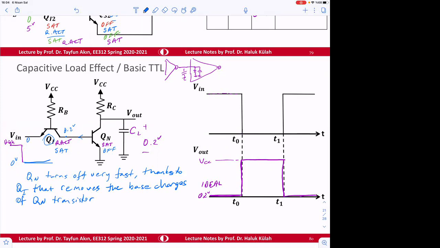But when this becomes off, then there will be a current flow through CL, and at steady state, the CL will be charged up to what? This is now off.